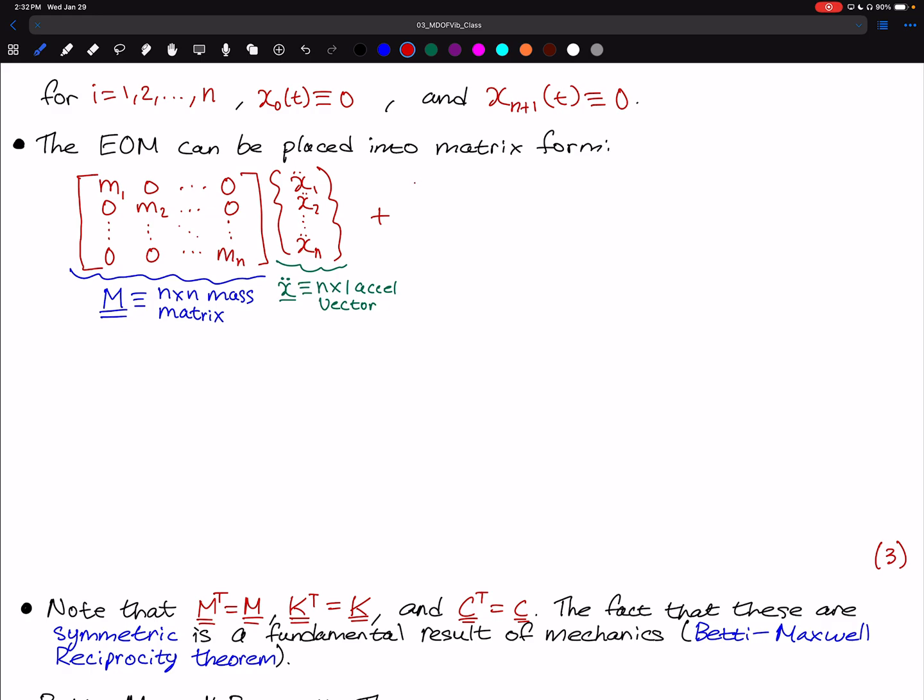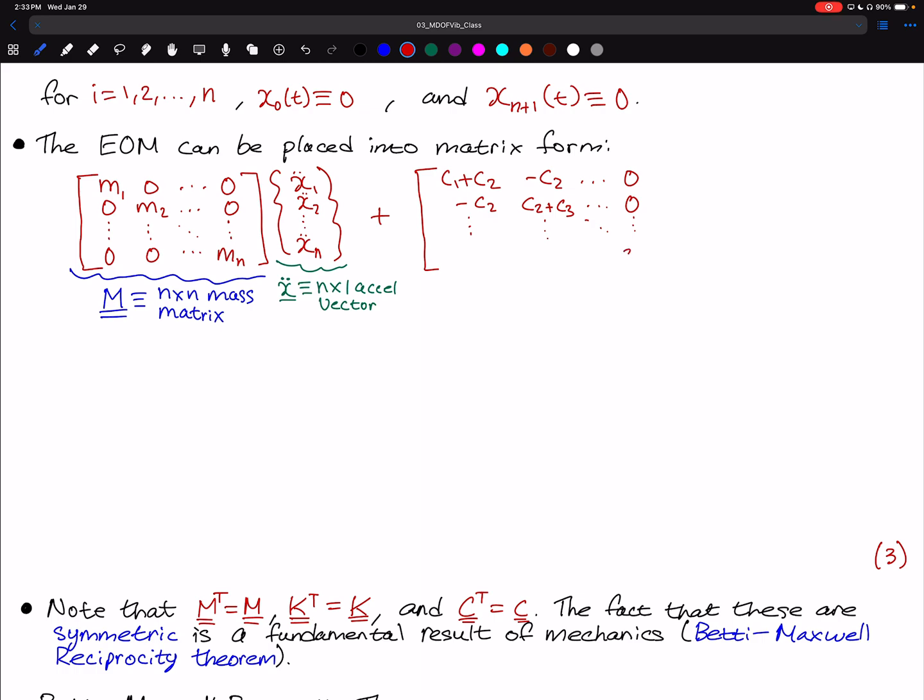Okay, then we're going to have a damping matrix. We're going to have C1 plus C2. In the first entry, minus C2, and then C2 plus C3. Then we'll add our dot dot dots. In the last column, we're going to have 0, 0, dot dot dot.